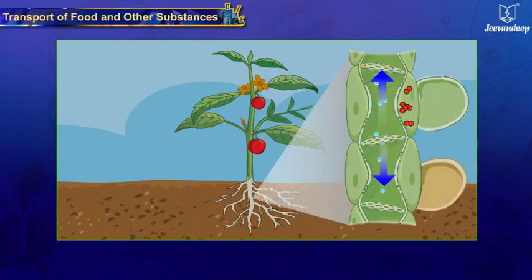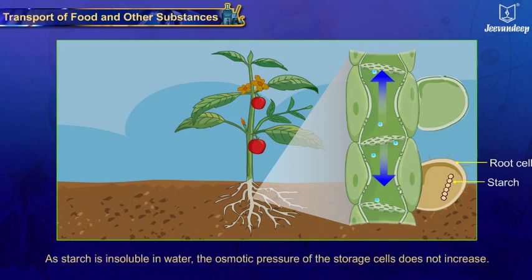On reaching the storage tissues like root, fruit, etc., sucrose is again actively transported into the cells and converted into starch. As starch is insoluble in water, the osmotic pressure of the storage cells does not increase.